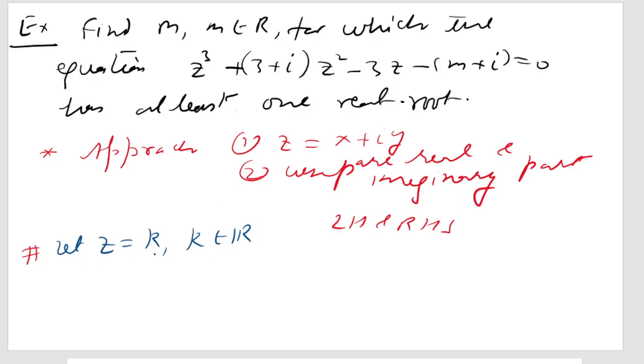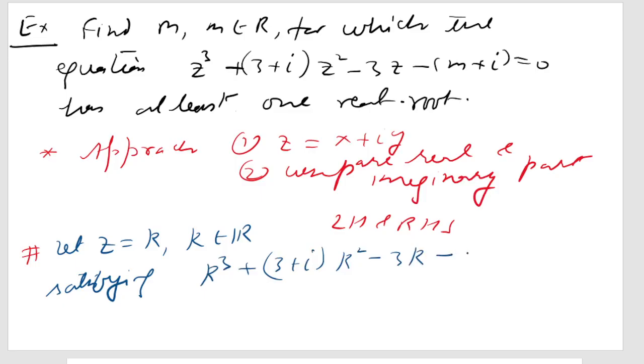Since it's a real root, it should satisfy the equation. So satisfying the equation, we get z cube, so k cube plus (3 plus i) k square minus 3k minus (m plus i) is equal to 0. Now we have assumed z is real, so let's break it into real and imaginary parts.